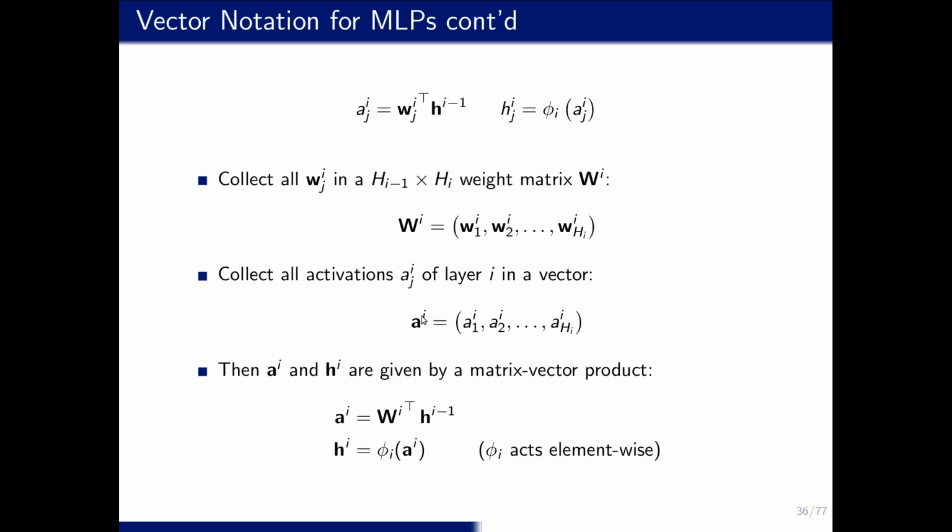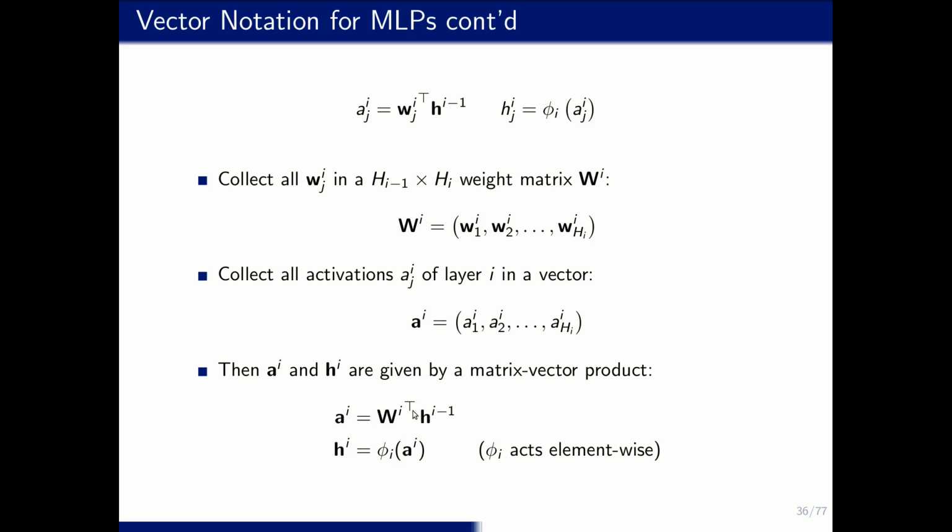And now it's easy to see. So the first element is actually just this vector times the previous output. And the second activation is just this vector times the previous output, and so on. And the h_i-th activation is just this vector times the output. But this just means that all the activations are just given by the weight matrix transposed times the output of the previous layer.